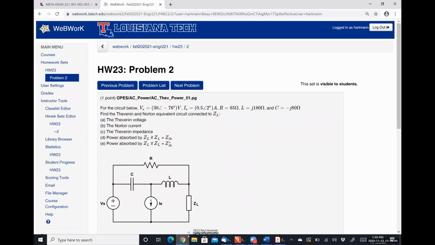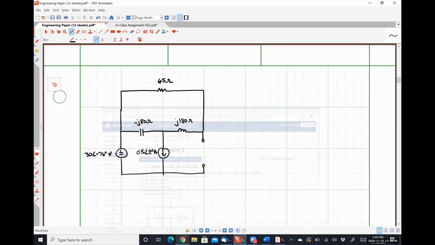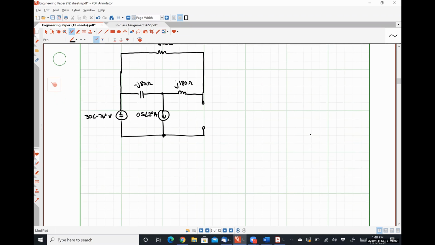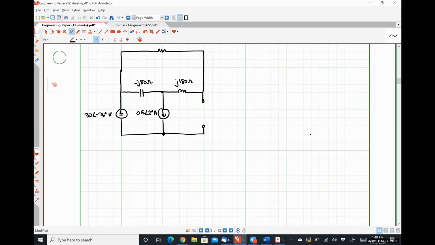All right, so we want to find the Thevenin equivalent circuit. So let's start out with something real easy and find the impedance first, right? Thevenin impedance. To find the Thevenin impedance, this would be the same circuit, but with our sources turned off.